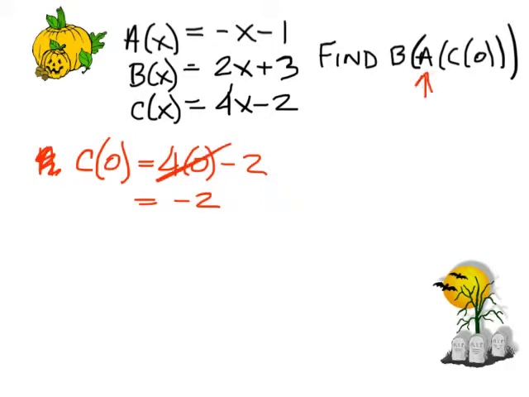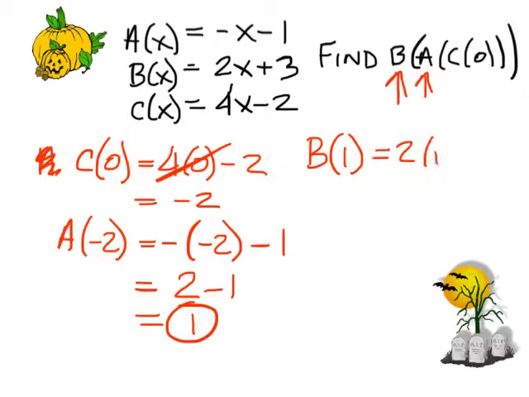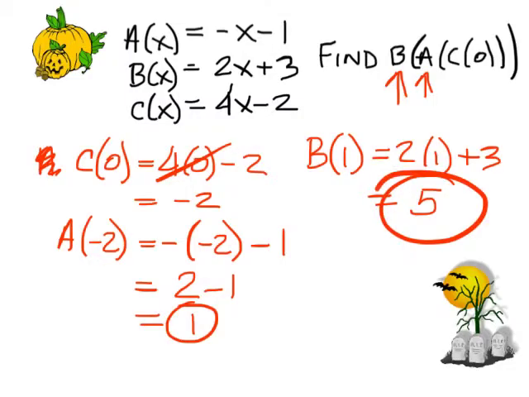So move that back to this function, which is A. A of negative 2 is negative 2 minus 1. That's a positive 2 minus 1, which is 1. Now go back to the B function and use this. B of 1 equals 2 times 1 plus 3. That should be 5.